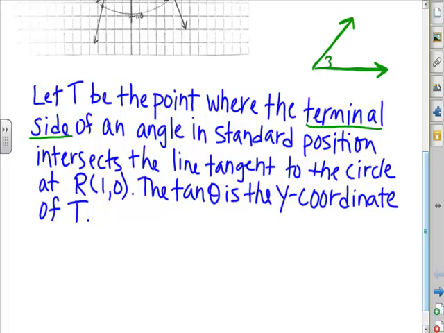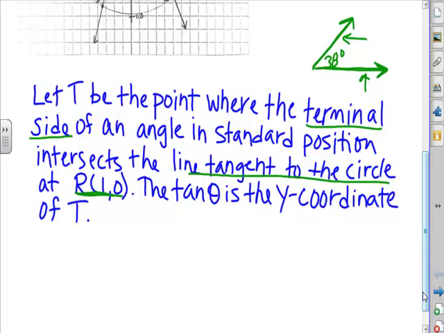So we're looking at this 38 degrees, so that right there is my terminal side. Of an angle in standard position, this is what makes it standard position, intersects the line tangent to the circle at (1, 0). The tangent of theta is the y-coordinate of T. Okay, so right off the bat that might seem like, what in heaven's name?